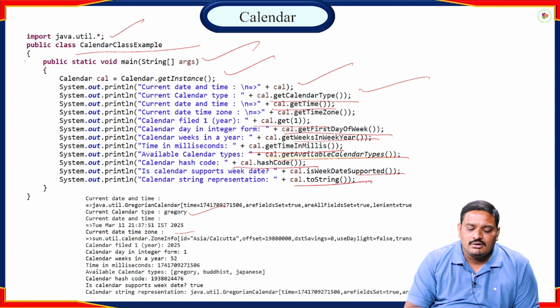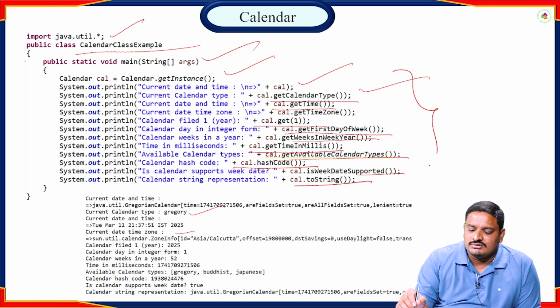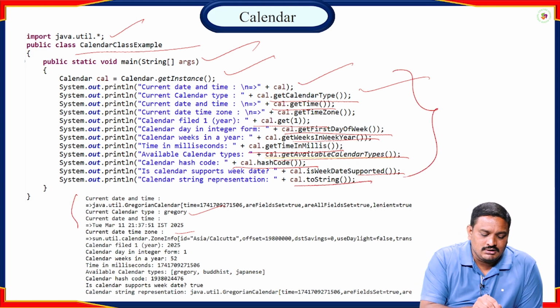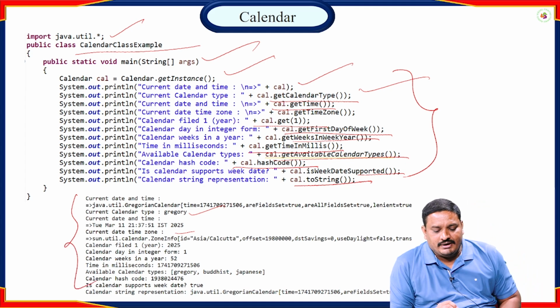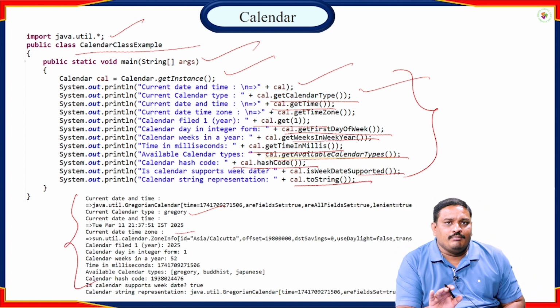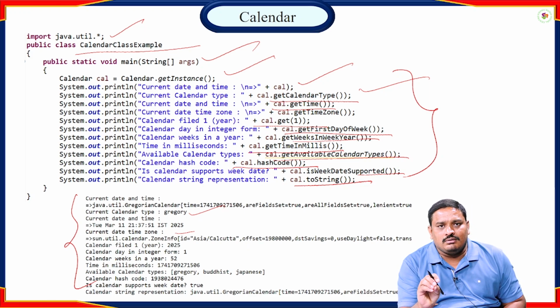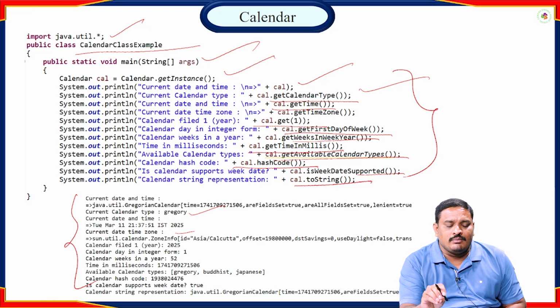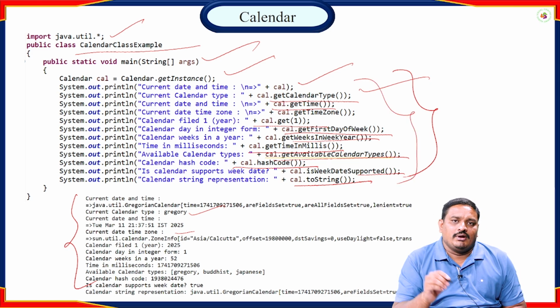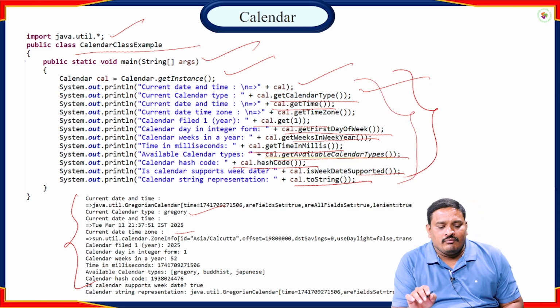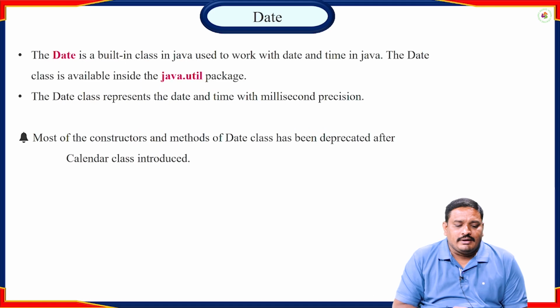These two are string methods. By using these Calendar methods, the output will be displayed. This is not important, but it takes the current date in that particular system. Based on the date, these methods will work. That is the Calendar type.